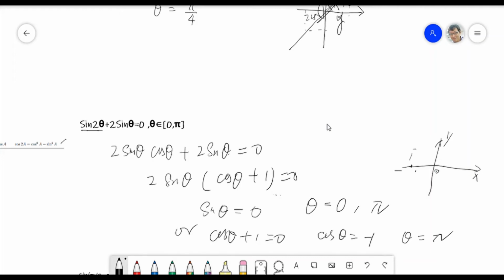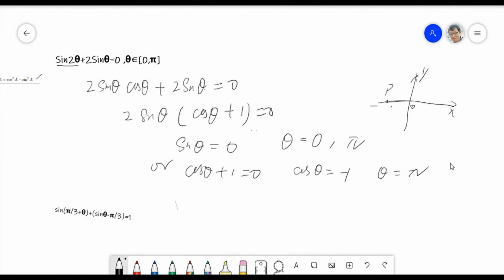The cosine is OP divided by the hypotenuse. The hypotenuse is 1, but since OP is negative, the answer is negative 1, so theta should be pi. So the final answer is theta equals 0 or pi.